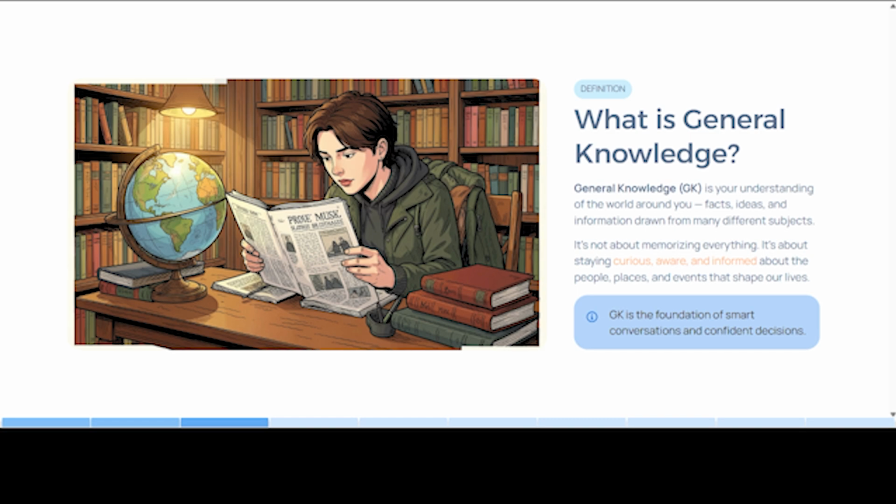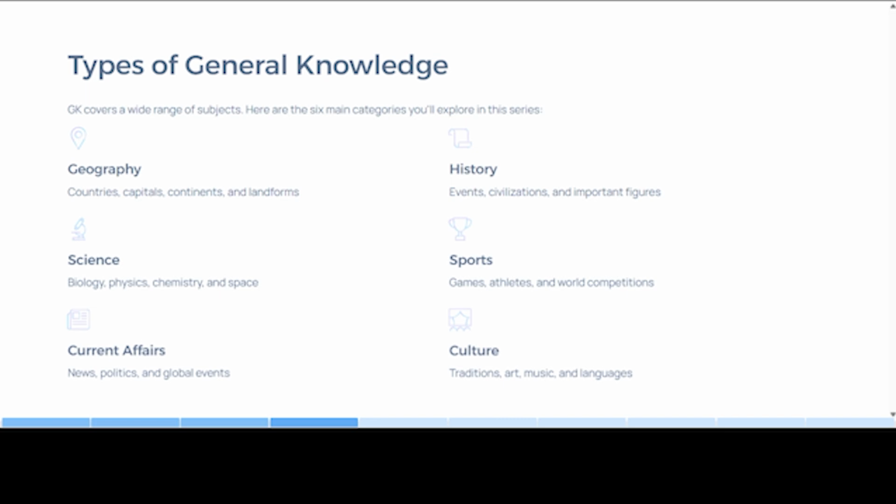Instead, it is about staying curious, learning new things, and understanding the world better. It also helps us make smart decisions and have meaningful conversations in workplace communications. So this is the complete overview of GK. GK is the foundation of smart conversation, and it is mainly used to make confident decisions in our daily life.